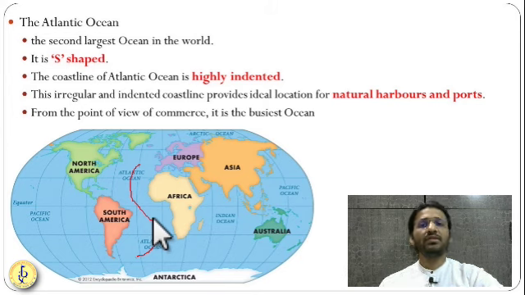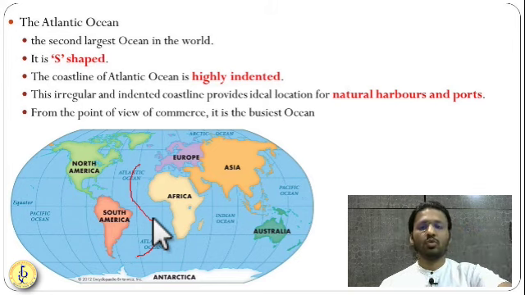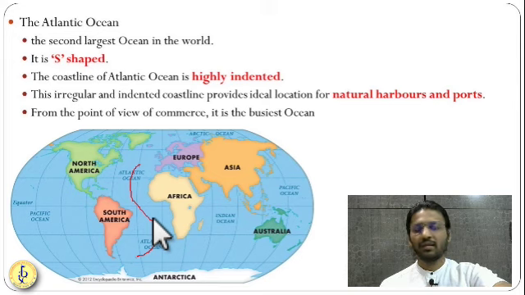Because it is highly irregular and highly indented, it is a very good site for natural harbors and ports. So many important natural harbors and ports are on the coastline of the Atlantic Ocean. That's why it is one of the busiest coastlines in the world. So many important ports are there on the Atlantic coast.